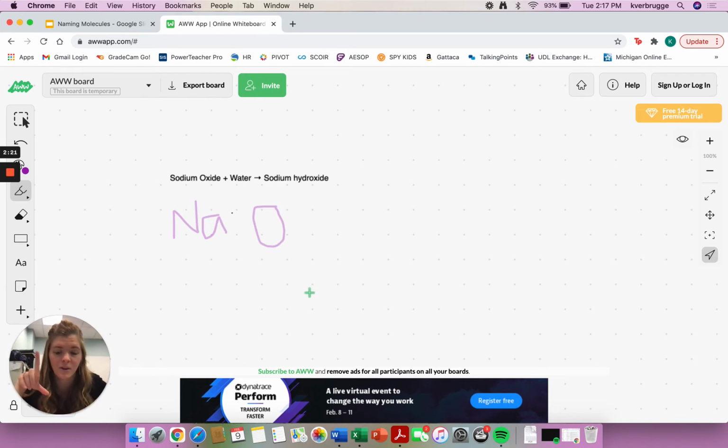So our first step is always to decide, is it ionic or covalent? And in this situation, it is an ionic compound, so we're going to follow our rules of naming ionic compounds, which means we're going to need our oxidation numbers. Our oxidation number for sodium is +1, which we get off our periodic table, and our oxidation number for oxide, or oxygen, is -2. So we're going to take these charges and swap them so that we have Na2O.